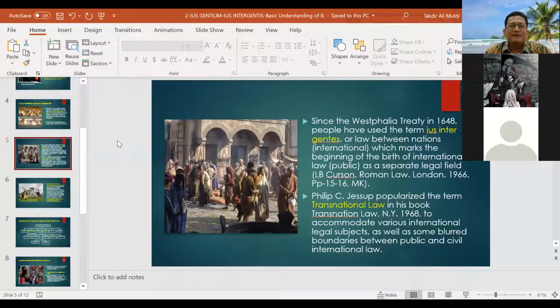Maybe you can compare with other historical backgrounds. For example, for more than seven centuries, not years, the Ottoman Caliphate of Turkey conquered and was the dominant actor at the time of the Westphalia Treaty era.